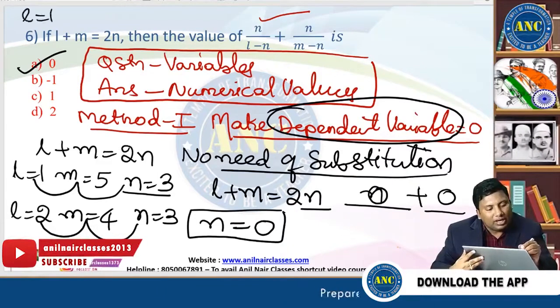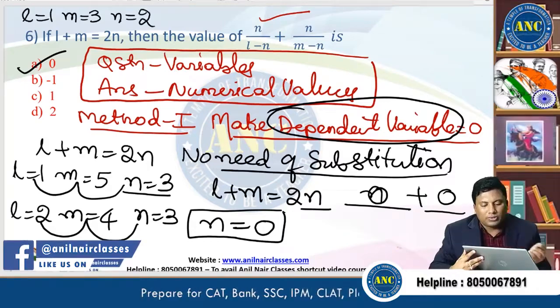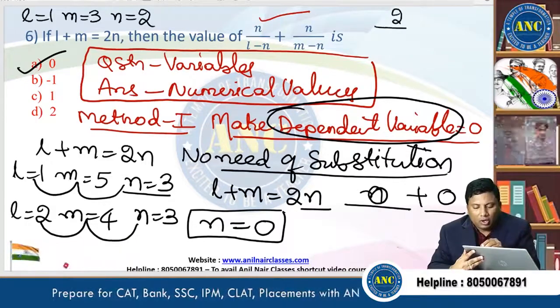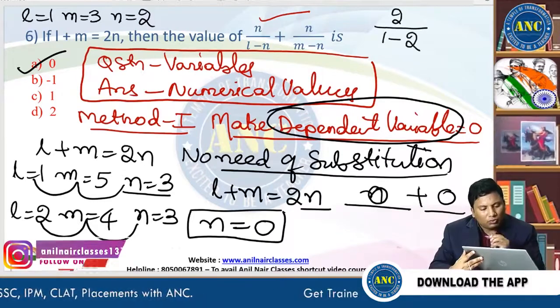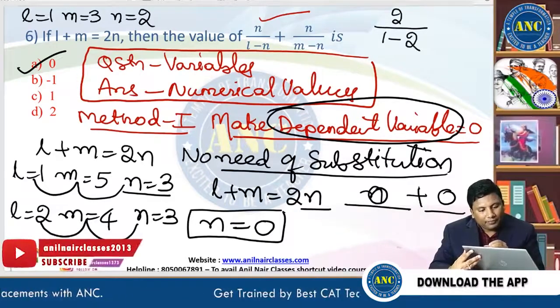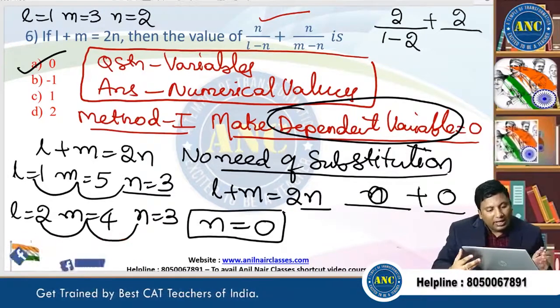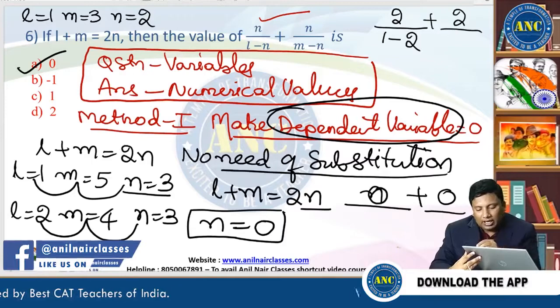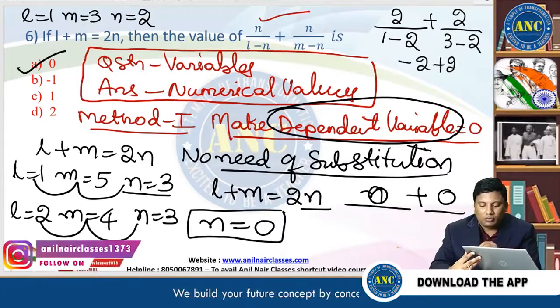Let us substitute L value 1, M value 3, N value 2. N by L minus N: 2 by 1 minus 2. N by M minus N: 2 by 3 minus 2. Minus 2 plus 2, which is 0.